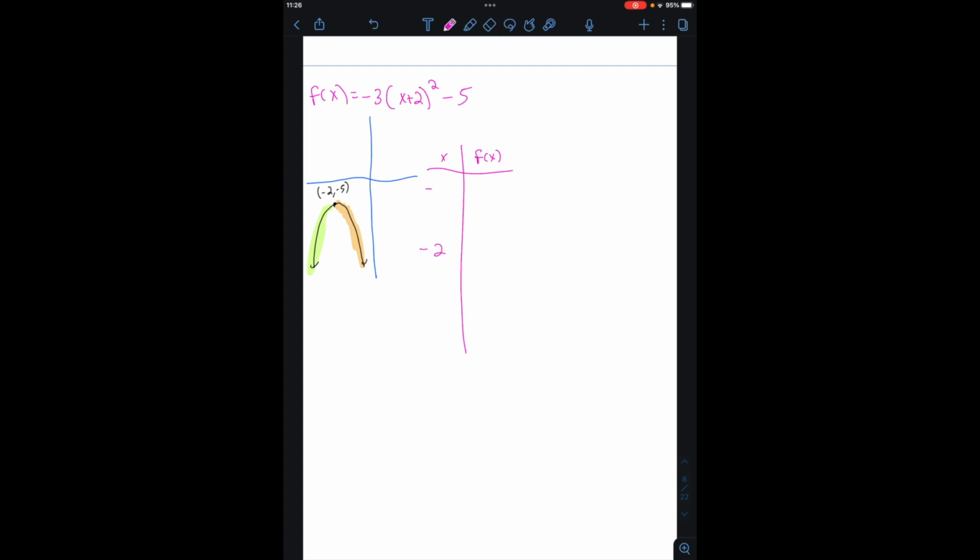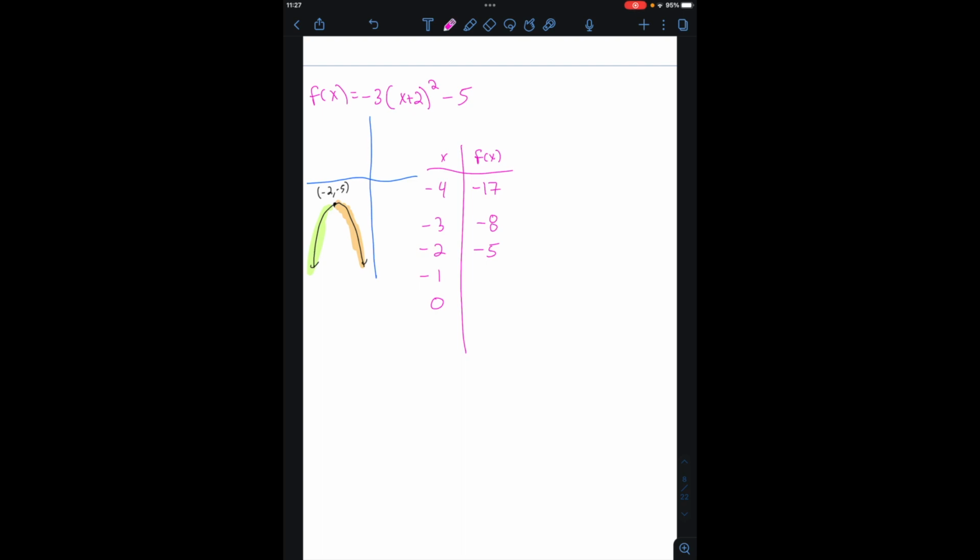So I'm going to start at -2, -3, -4, -1, 0. And our outputs, if we put these things through our function, if I put in -4, plus 2 is -2, squared is 4, times -3 is -12, so I should get -17. -2 is our vertex, so we should be getting -5. Put in -3, we get -1 squared is +1, -3 minus 5, -8.